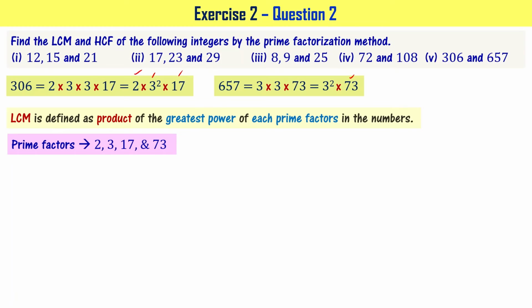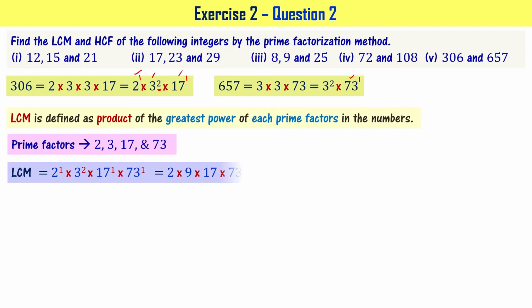So the highest power of 2 is 1, the highest power of 3 is 2, the highest power of 17 is 1, and of 73 is also 1. So LCM is going to be 2 power 1 times 3 square times 17 power 1 times 73 power 1. When you multiply all that, you get 22,338 as the LCM of these two numbers.